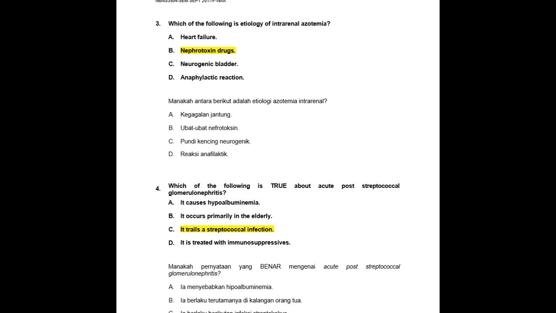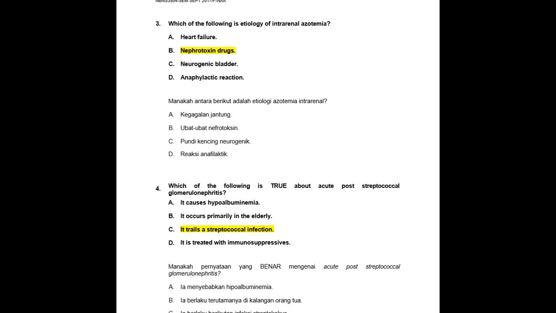The second answer is nephrotoxin drugs. Nephrotoxin drugs are drugs which are toxic to the nephrons. Due to this toxicity, nephrons will get damaged, so that can lead to renal failure. So nephrotoxin drugs will be a reason for intrarenal azotemia.